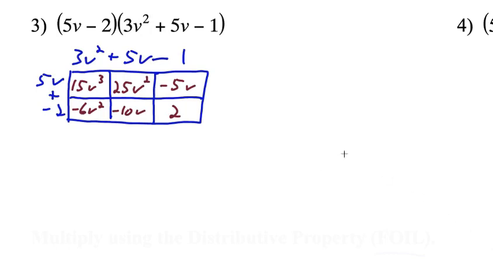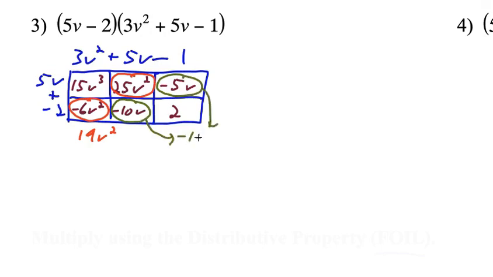All right, let's look for any like terms we might have. We have some v squareds. So negative 6v squared plus 25v squared, that will be 19v squared. And then we have negative 10v and a negative 5v.